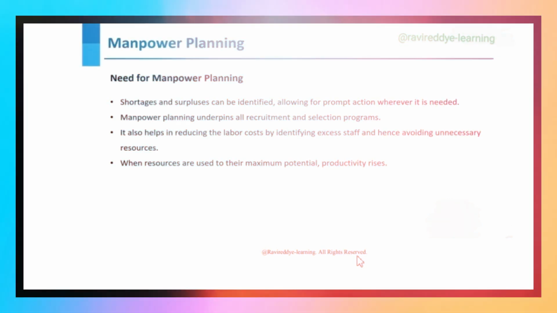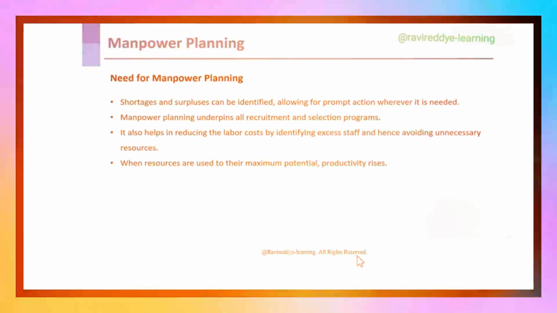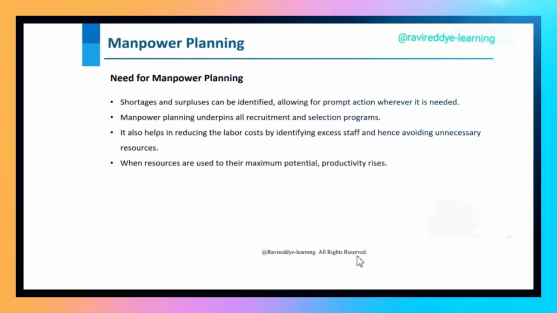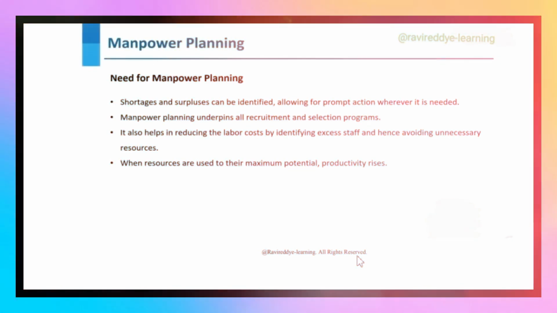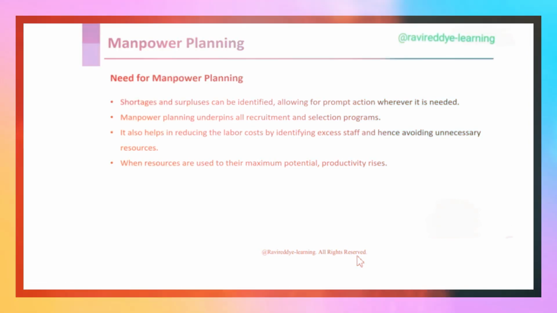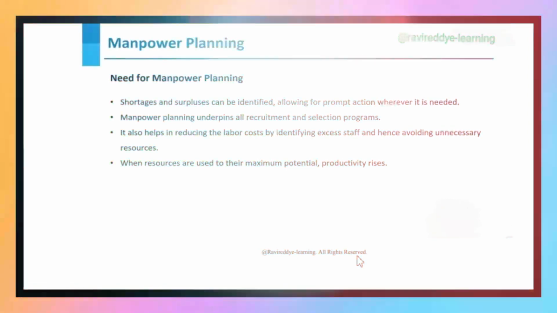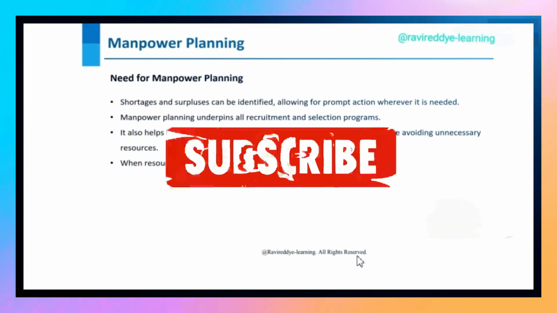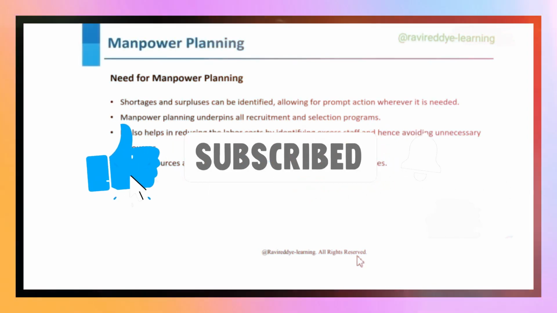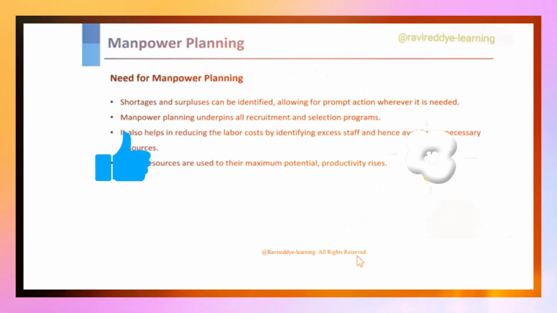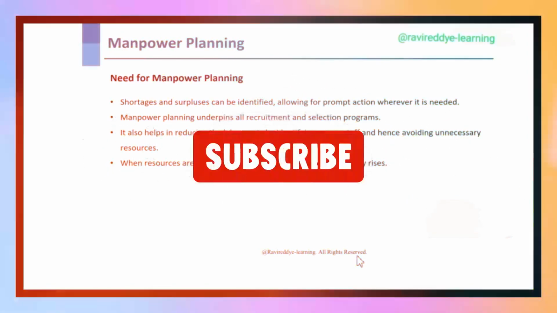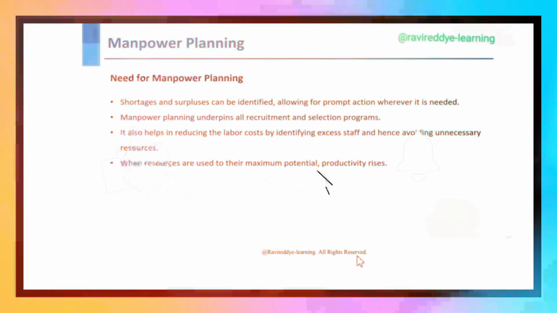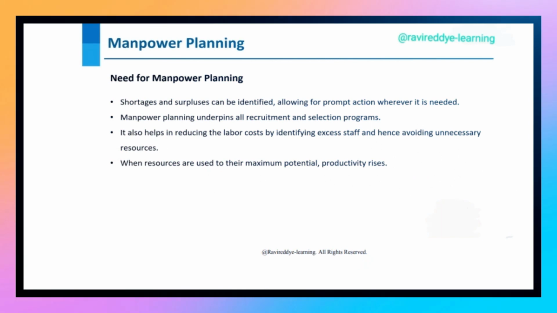Whenever you are recruiting or selecting, the first step of the entire recruitment process is nothing but HR planning, meaning your manpower planning. First, you need to see how many people you currently have. We need to see how many people are actually available to do the task, and what the task is.